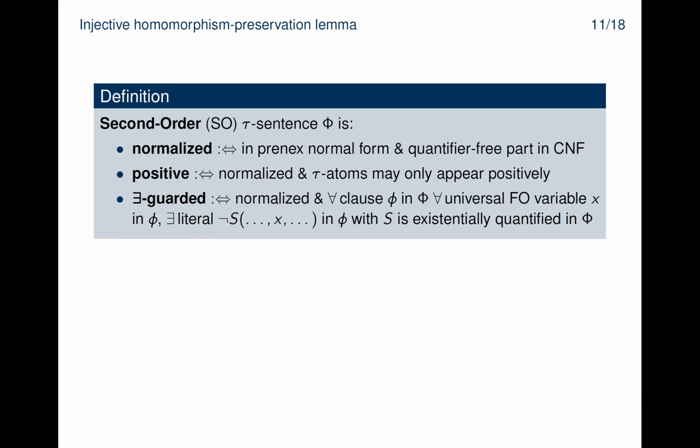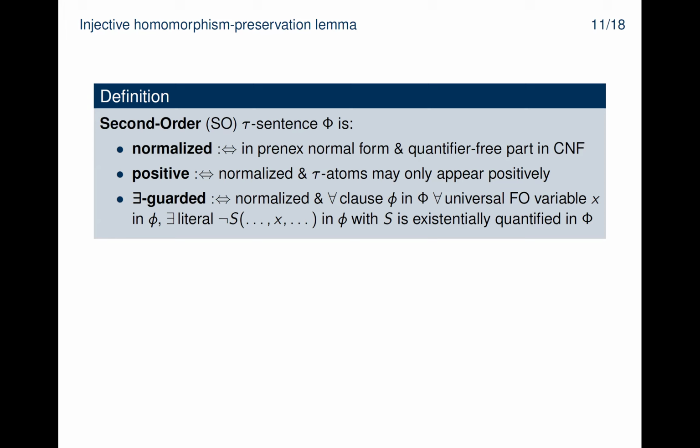And now a second property, which we call existential guardedness, is a bit more complicated. So we have a normalized sentence, and for every clause φ in the quantifier-free part, which is in CNF, whenever we see a universal first-order variable in a given clause, then there should be a negative literal S containing this variable, such that S is an existentially quantified second-order variable.